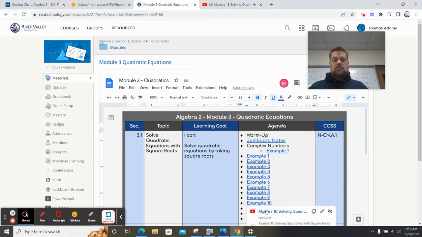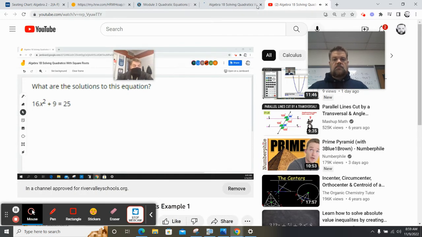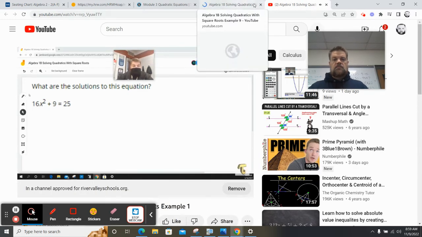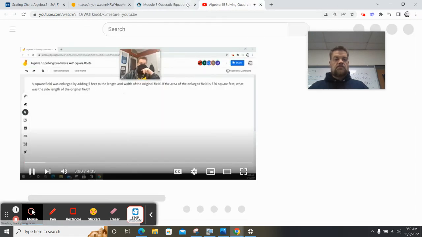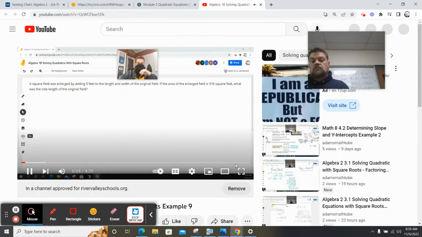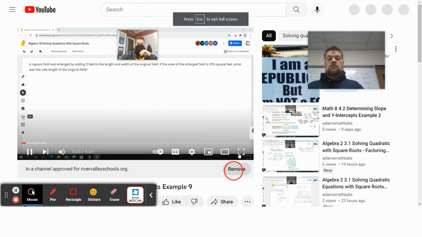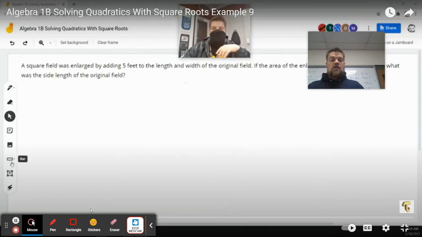Okay, so for this one, basically what we're going to end up doing when we go to do these problems is we're going to get... I think it's this one. So anyways, on this one, it says a square field is enlarged by adding 5 feet to the length and the width of the original field.